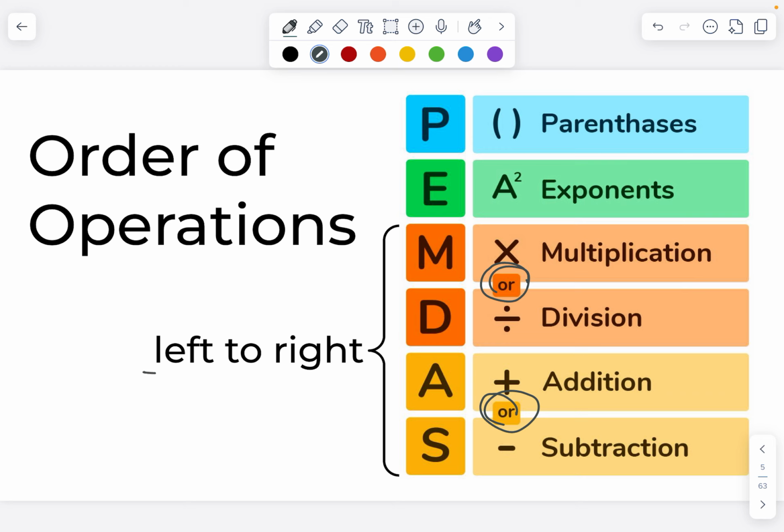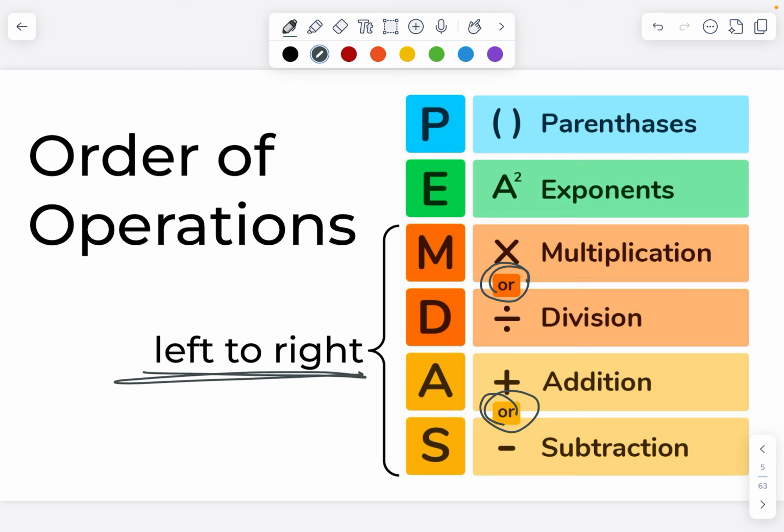But what we actually do is we work left to right in our equation. And if we come across multiplication or division, whichever one we come across first as we work left to right, we're going to do first. And then continuing on. Same thing with addition and subtraction. Even though we say addition first in this ordering, okay, it is of equal importance with subtraction. Okay, and again, we're just going to work left to right in our statement.